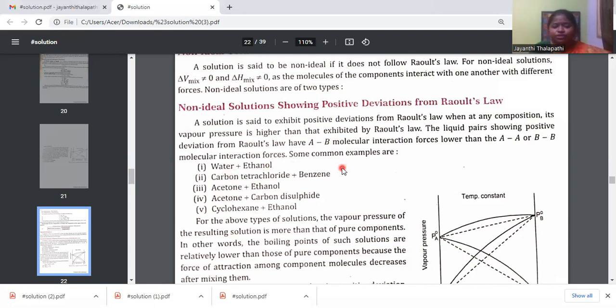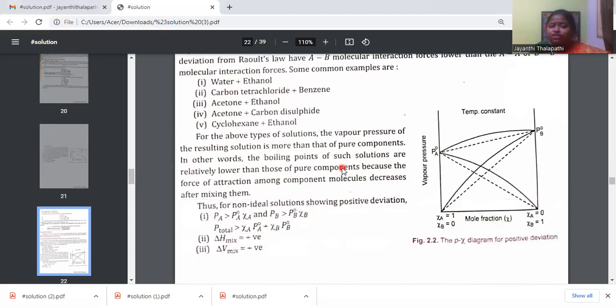Because of this, the force of attraction among the component molecules decreases after mixing them. Since it decreases, it shows positive deviation.